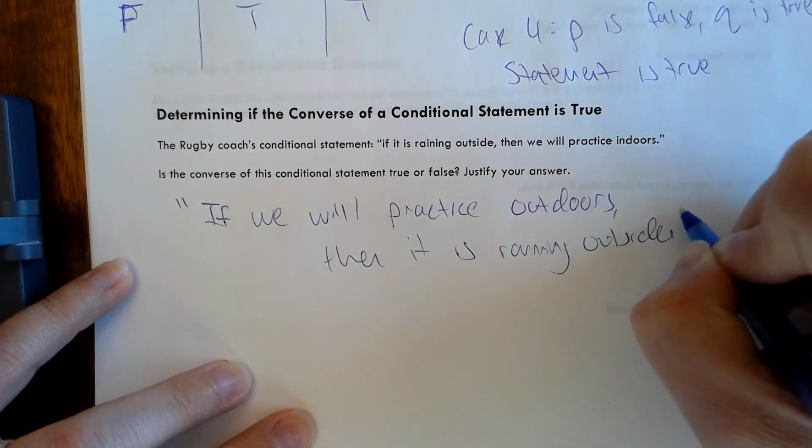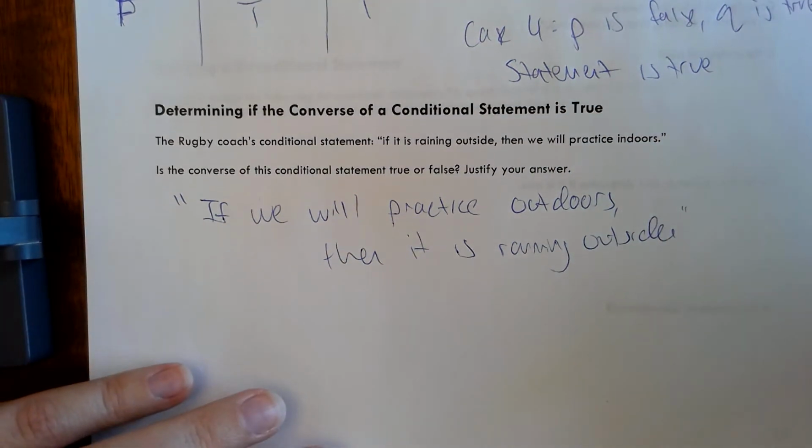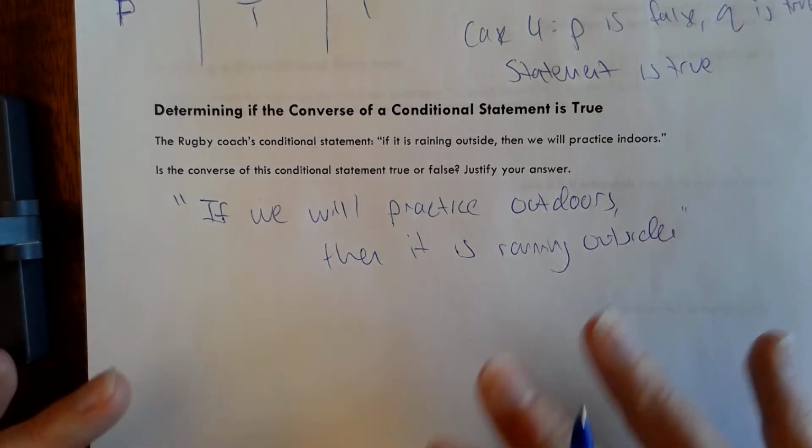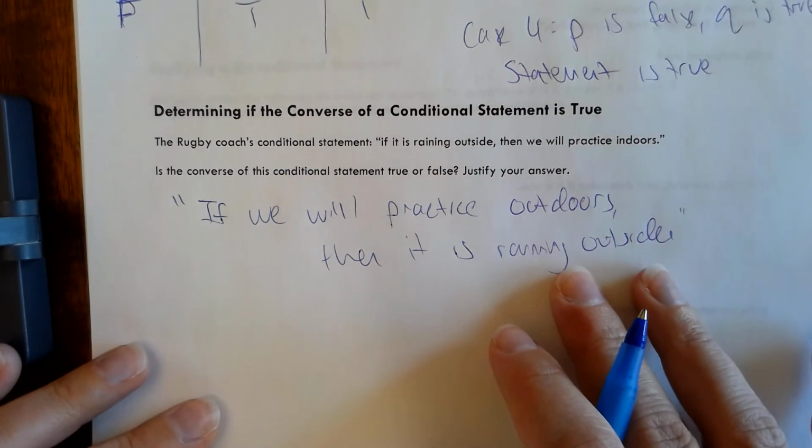Good idea to actually figure out what the converse is, and then let's decide, is this a true or false statement? So I want to come up with one counterexample, or more than one, but really I only need one to say that this is a false statement, to say that this is not always true. So for example, are there any times that we might practice indoors when it's not raining?